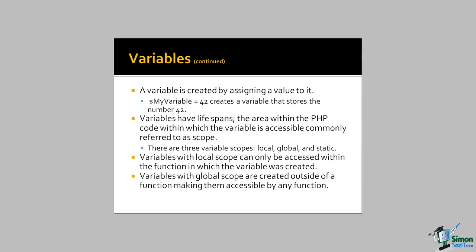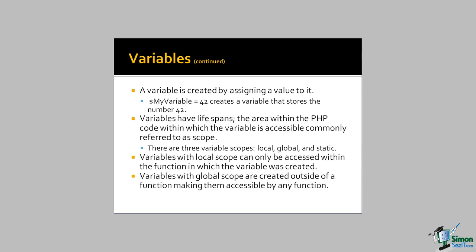But variables have lifespans. They have an area within the code in which the variable is accessible. And so with PHP, there are three scopes to variables. The lifespan, the area within which the variable exists and can be accessed, is referred to as scope.